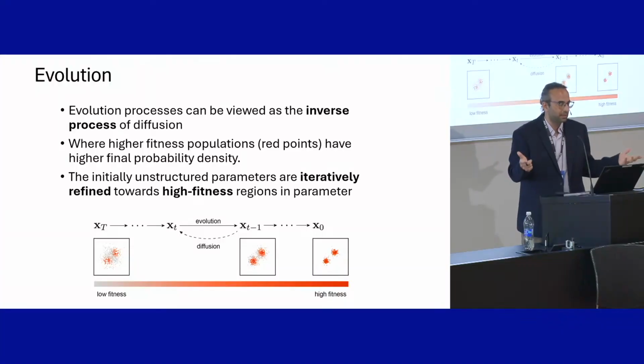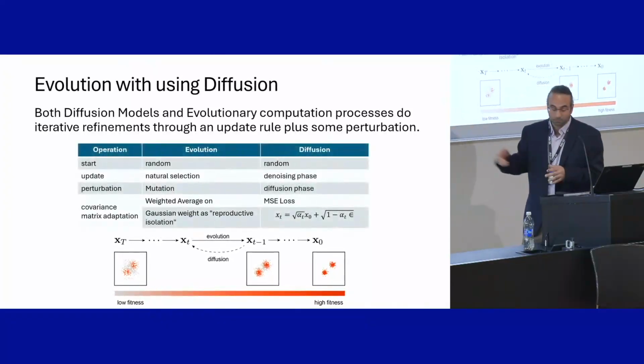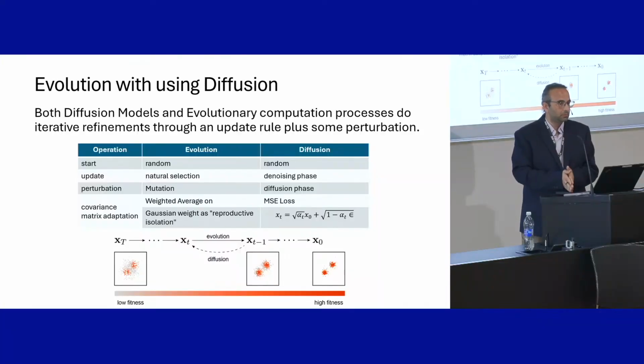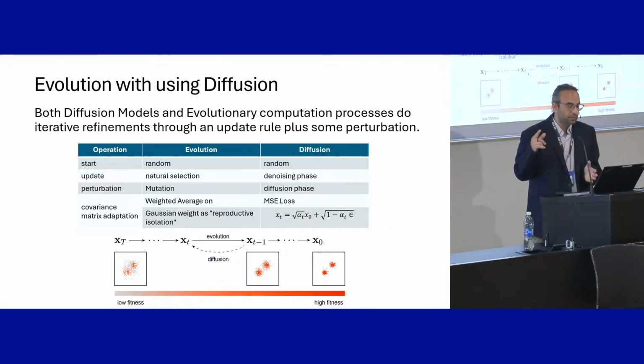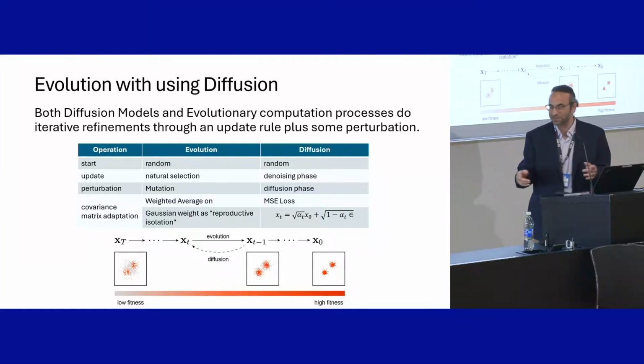Diffusion is technically evolution. And if we put them on one slide together, both of them start with a random process. One of them, the evolution, has natural selection, while the diffusion has the denoising part. And with the perturbation, we have the mutation, and the diffusion has the diffusion part, sorry.